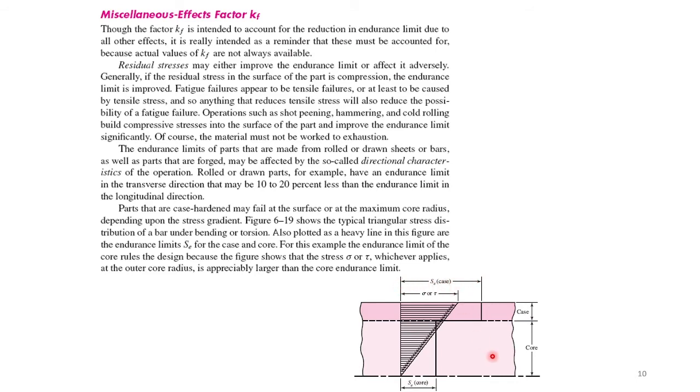If this part is subjected to bending, then this would be the distribution of sigma: zero on the neutral axis and maximized at the outer fiber. Look at where this stress exceeds the endurance limit. Usually the problem with case hardened components would be at the interface between the case and the core. You see the sigma here exceeds the endurance limit at the region where the case meets the core. This is where the problem usually originates.